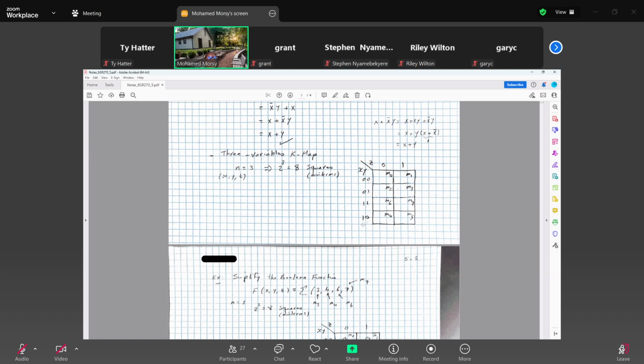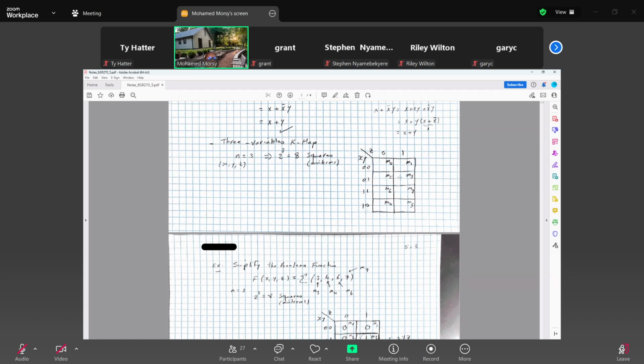And how do we organize the Karnaugh map for 3 variables, as you see here: 2 variables of the 3 are here, and the last one is here. If we have the variables x, y, z, this will be x, y, and z here. If we have the variables A, B, C, this will be A here, B here, and C here.